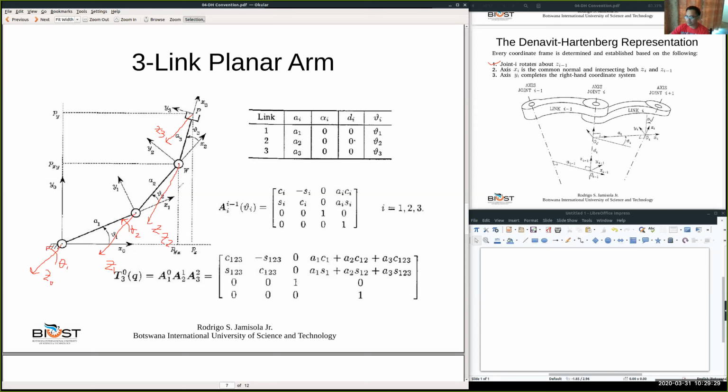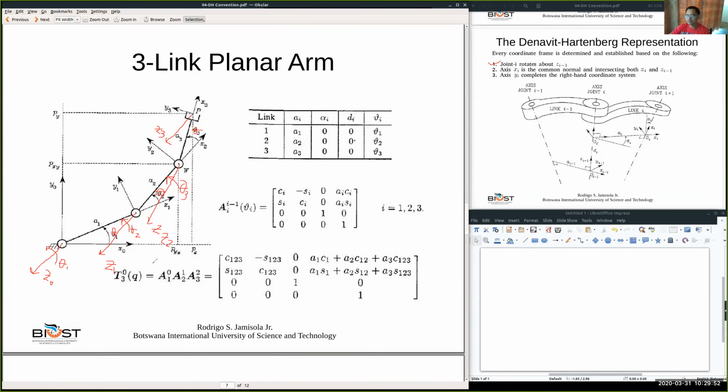And here this is theta 3, as shown in the picture. So this is theta 3, this is theta 2, and this is theta 1. There you go.